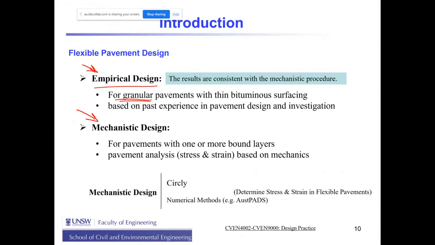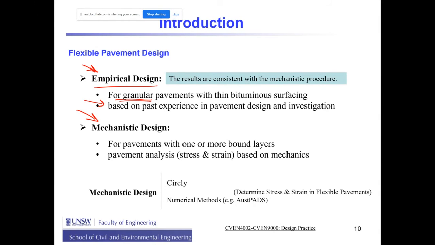So it is only for granular pavements with one thin bituminous surfacing or with one thin asphalt layer. For this one, you do not need to conduct any analysis, any determination of stresses or strains. This is mainly based on past experience in pavement design and investigation.